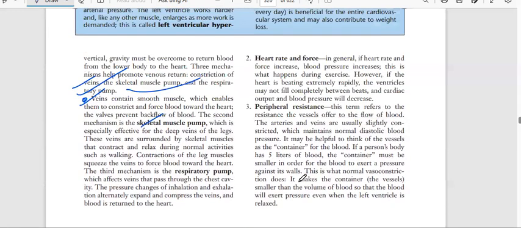So two systems will help us. Next, third is the respiratory pump, which affects the veins that pass through the chest cavity. The pressure changes in inhalation and exhalation alternately expand and compress the veins and blood is returned to the heart.